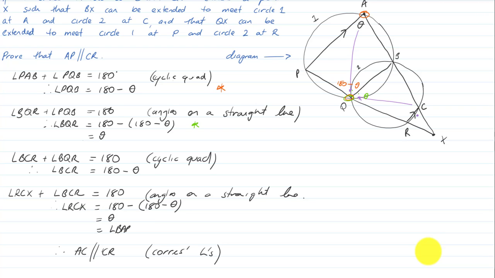And in light blue, I've used this angle and this angle to show that this is 180 minus theta due to cyclic quadrilaterals. And then in purple, I've used this angle and this angle to show that this must be theta. And I've got theta and theta, and so I must have corresponding angles, and therefore they must be parallel.